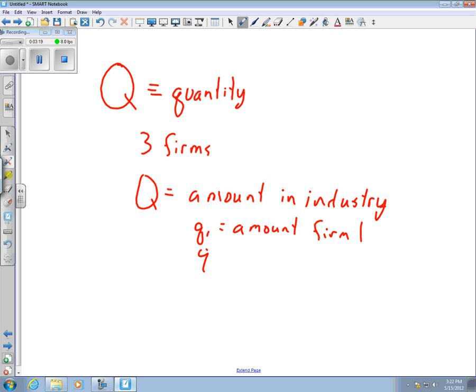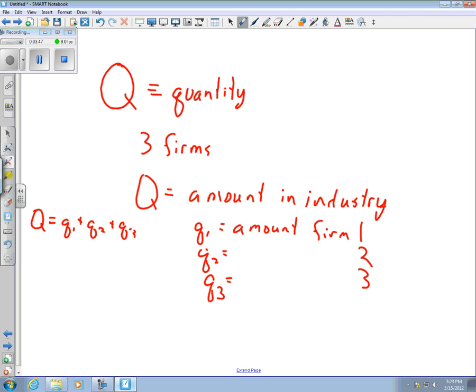And Q2 would be the amount from firm 2, and Q3 would be the amount from firm 3. So what we have is 3 different firms producing potentially different amounts, and we add them up. So we would write that Q, capital letter, equals Q1 plus Q2 plus Q3.